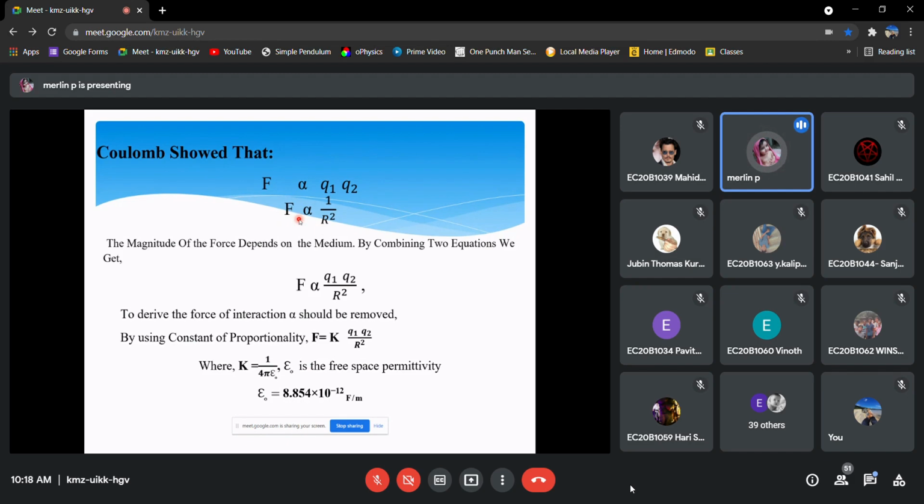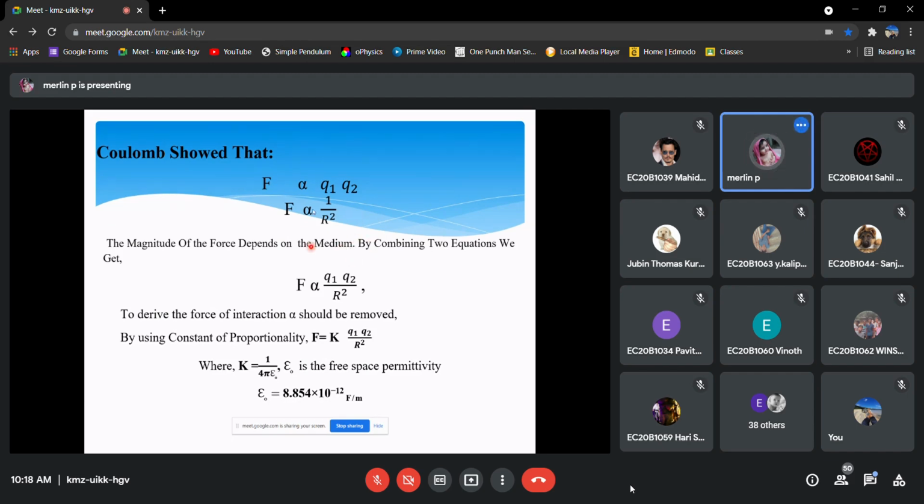No force will be there because there will be no attraction or repulsion. Only when we place the point charges nearer do we get the force of attraction or repulsion, which is called the force of interaction. The force of interaction will be more when we place the point charges at a shorter distance.